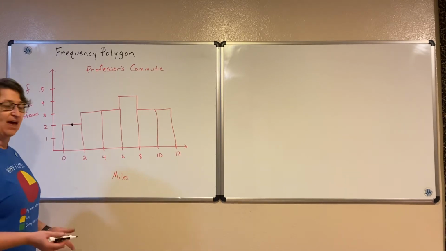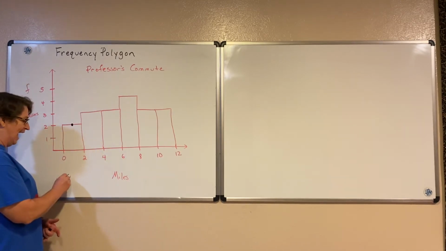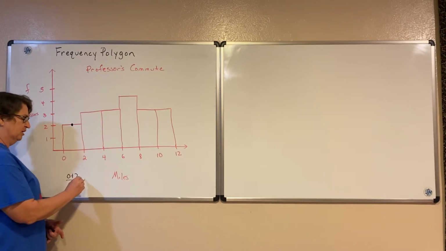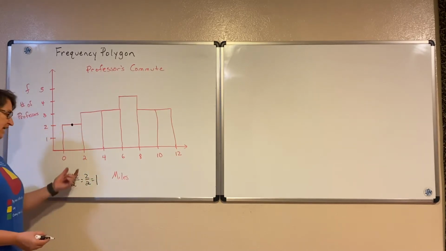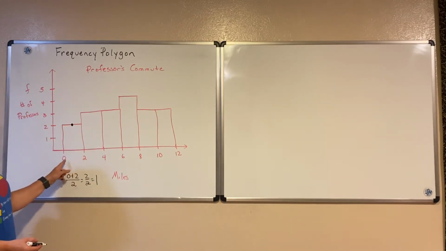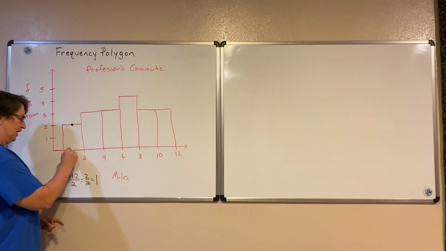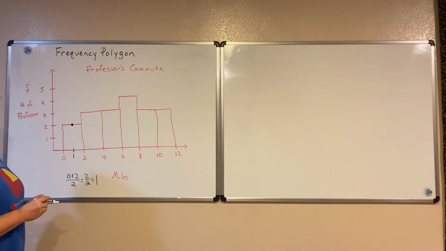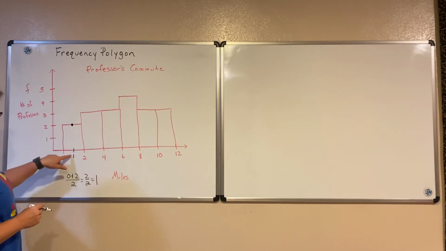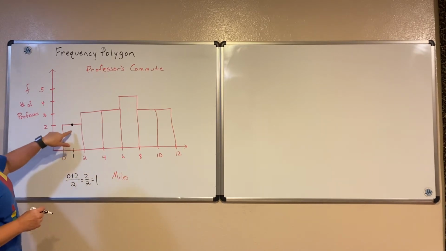Remember, to find that midpoint, we can add the two numbers up and divide by 2. Or we can just look and see that right in the middle between 0 and 2 would be 1. So there's going to be a point on our frequency polygon at 1, 2.